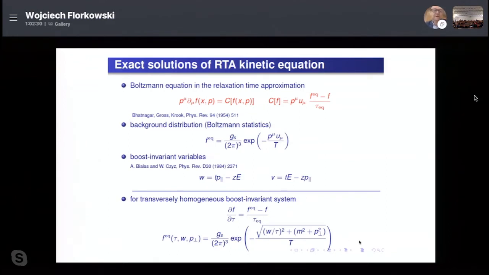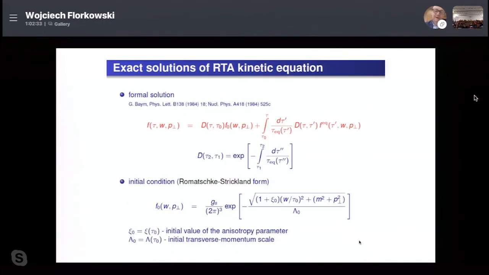Now, this approach was popularized by Gordon Baym in the 1980s. There is a formal solution of this equation, which can be written in integral form, where the distribution function at some time tau is given as the initial distribution f0 multiplied by some function D. And there is a kind of memory in the system: there is an integral over the equilibrium distribution functions over the time tau prime, which stretches from tau 0 to the actual time tau.